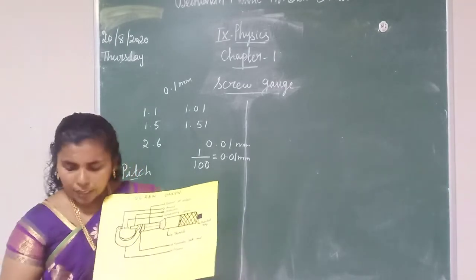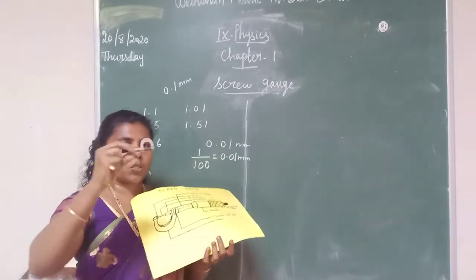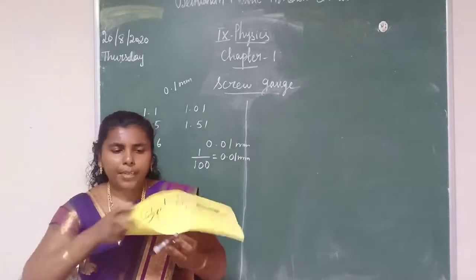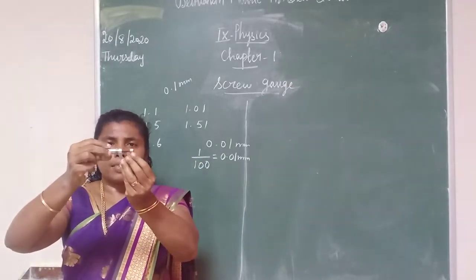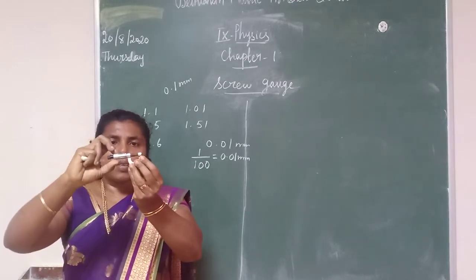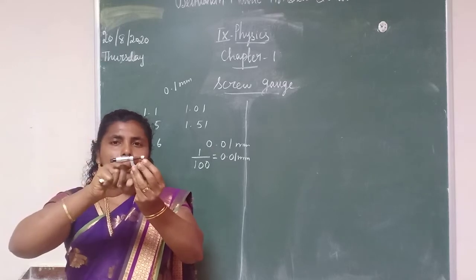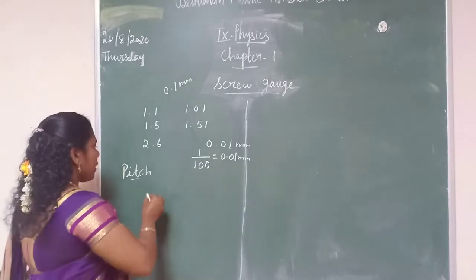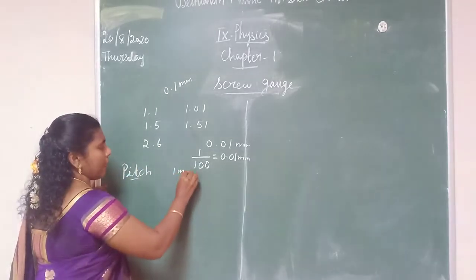Suppose we give one rotation on the head scale of the screw gauge, the pitch scale reading is 1 millimeter. If we give two rotations, the pitch scale reading is 2 millimeter. Three rotations, 3 millimeter. So the pitch is always 1 millimeter.